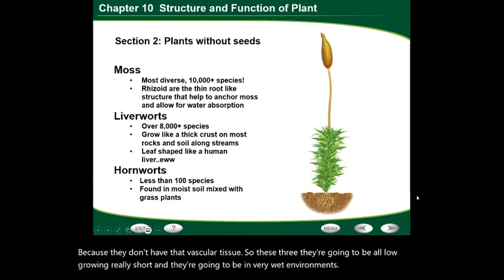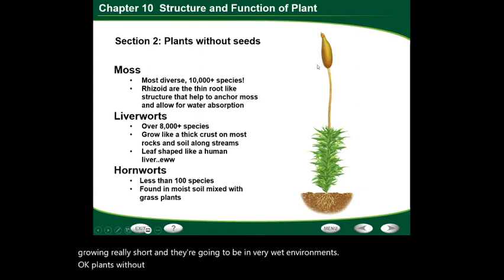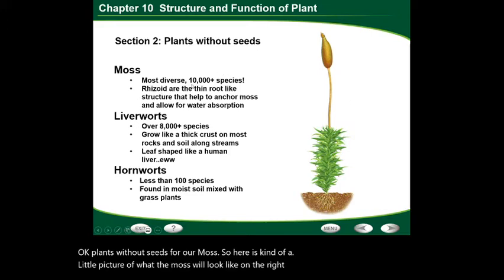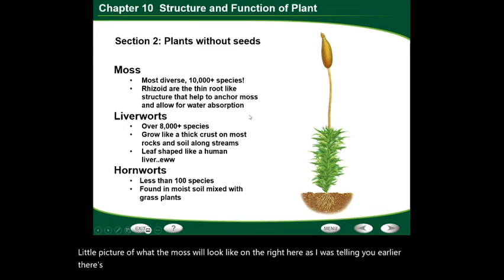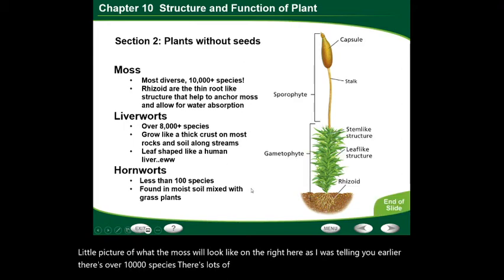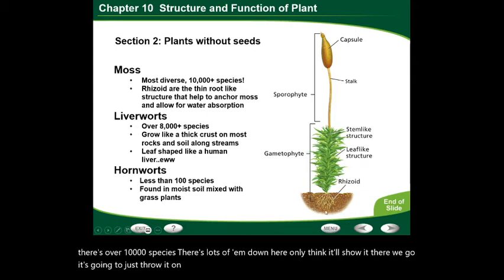Okay, plants without seeds: moss. Here is a quick little picture of what the moss will look like on the right. As I was telling you earlier, there's over 10,000 species, so there's lots of them. Down here is going to be the rhizoid.